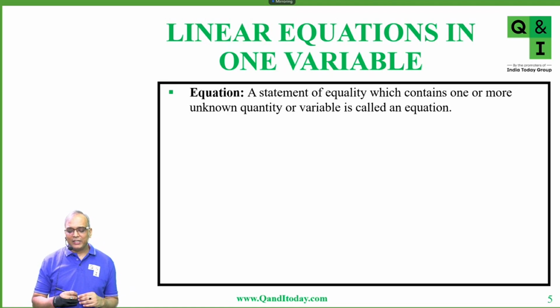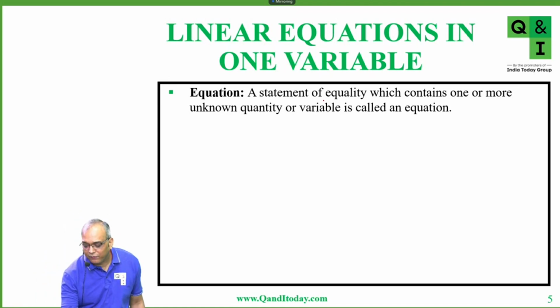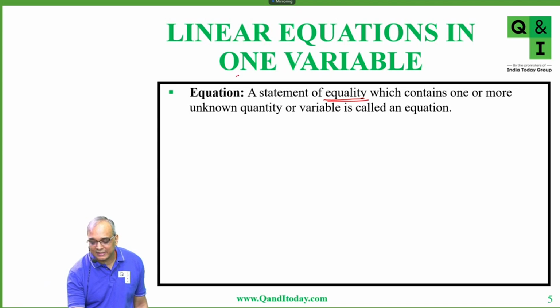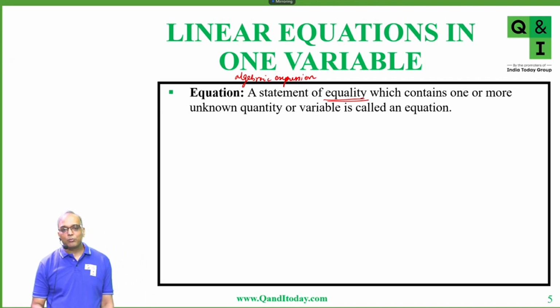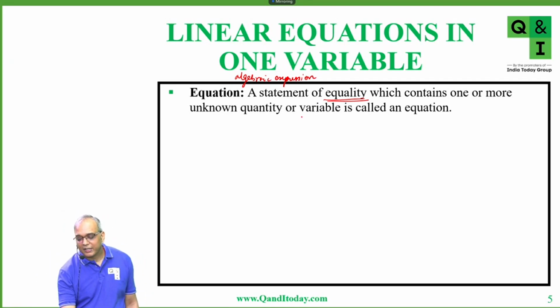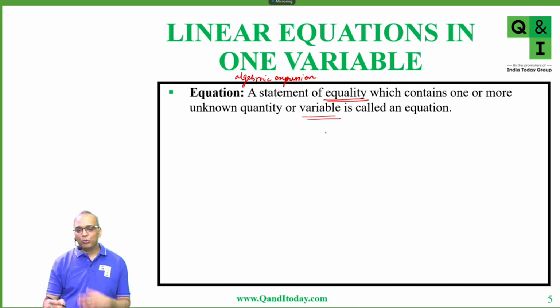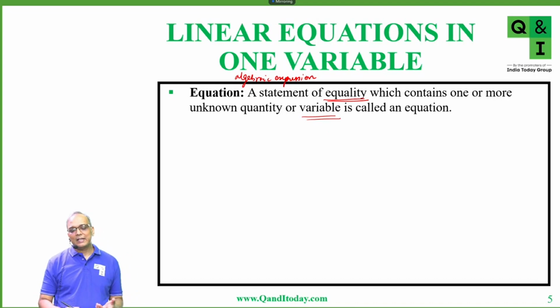The statement has to be an algebraic expression, which contains one or more unknown quantity. So it should have one or more variables. If we talk about one variable, then this will be linear equation in one variable.